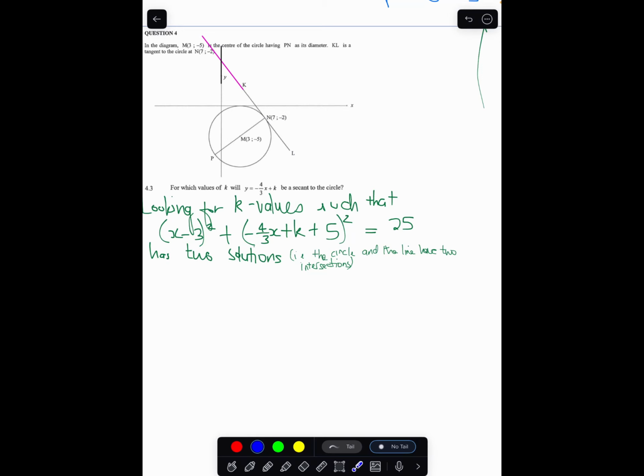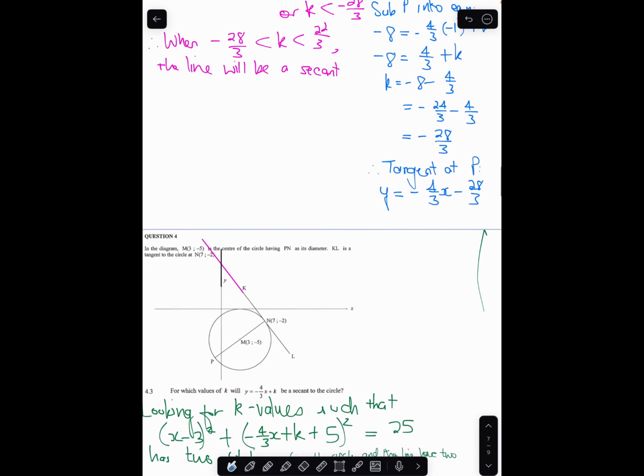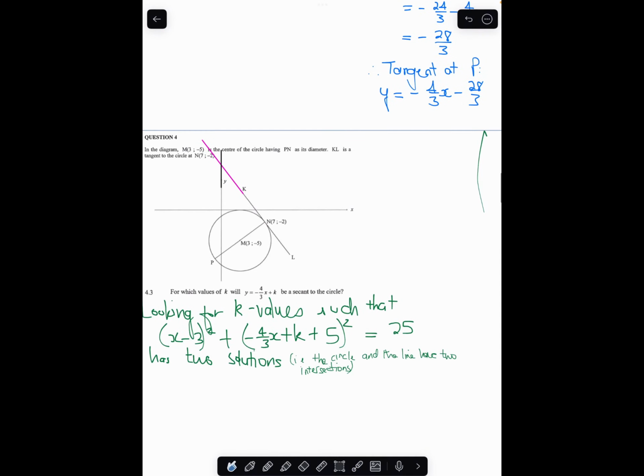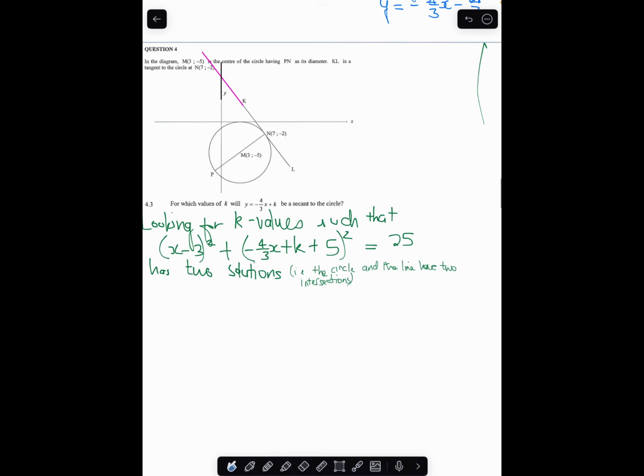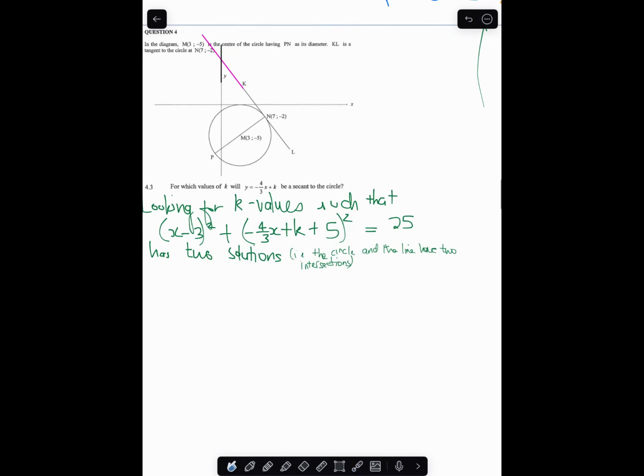And we saw that when k is negative 28 over 3, the line is over here and it intersects the circle once again, so it's a tangent. So we want to see for which values of k the line will be something like this, or something like that.